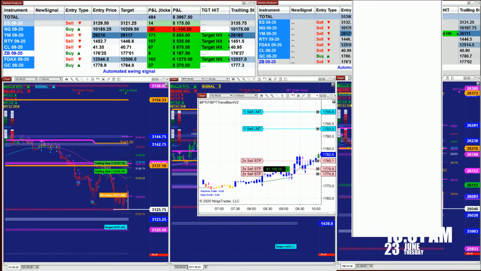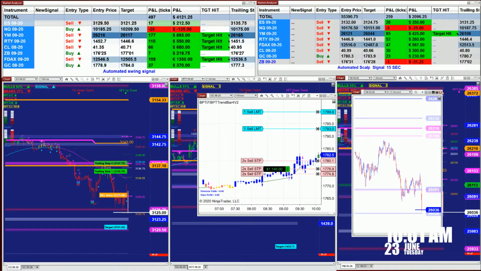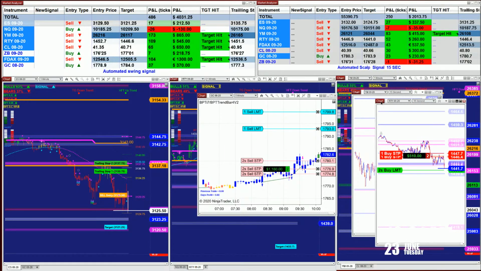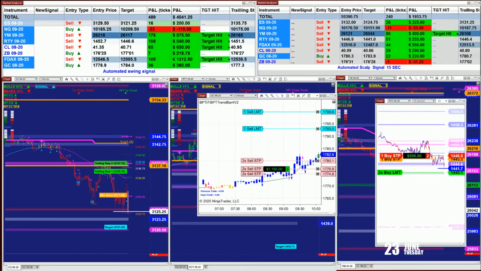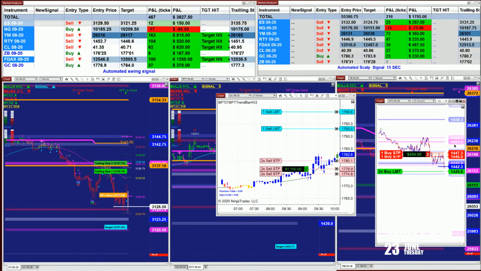So right now we closed this YM. I don't see anything right now. We only have a Russell on the scalper. And we have this one going, and we have the Russell, and we have the auto trades start taking a trade.